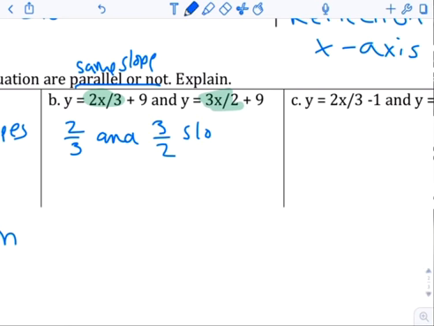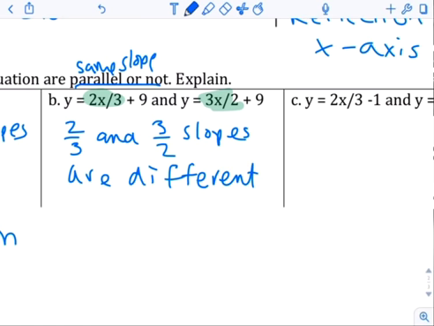Are the slopes different? They are different. Slopes are different. So it's one solution.